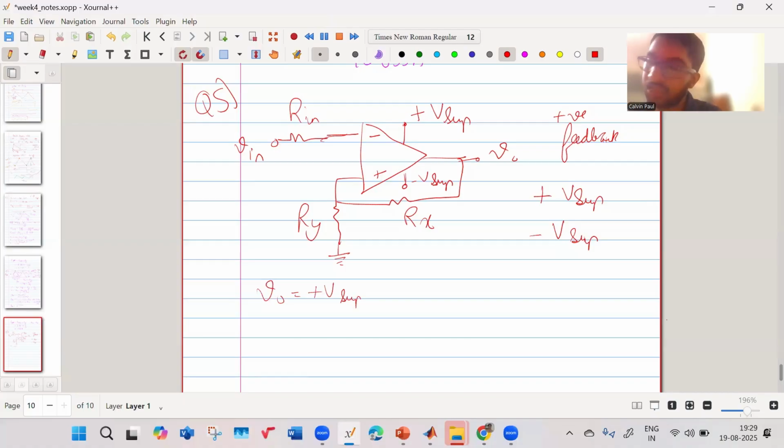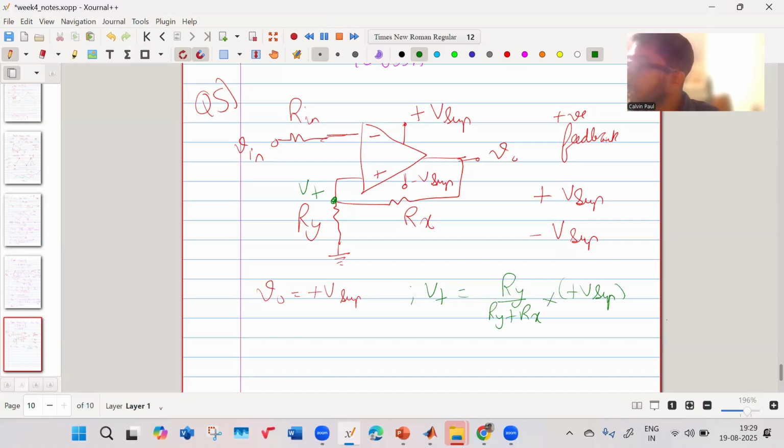Then this is your V plus. So what will be your V plus? Your V plus will be equal to Ry upon Ry plus Rx into plus V supply. Now your output is plus V supply, and your V plus also is plus V supply.